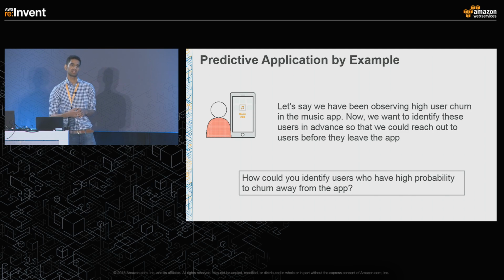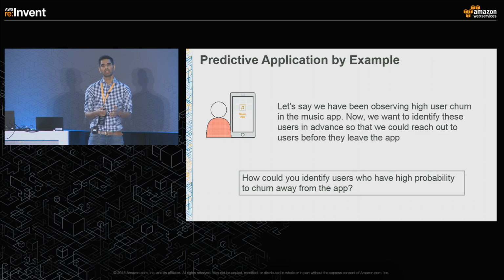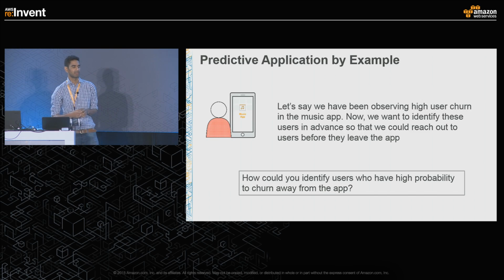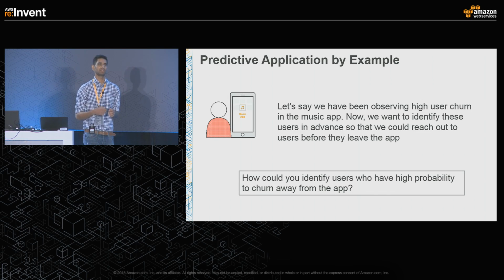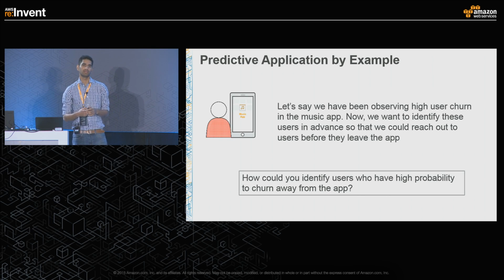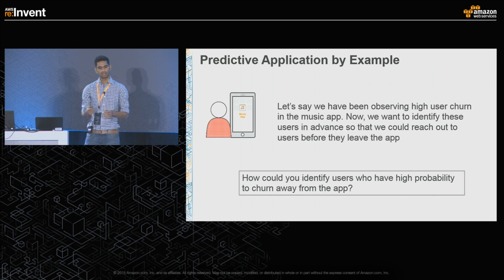But the real challenge is, how would you actually predict users with high probability? Because you don't want to send these notifications to everybody. All of us know mass targeted notifications really annoy users. So the challenge here is to predict users with a really high probability to churn.